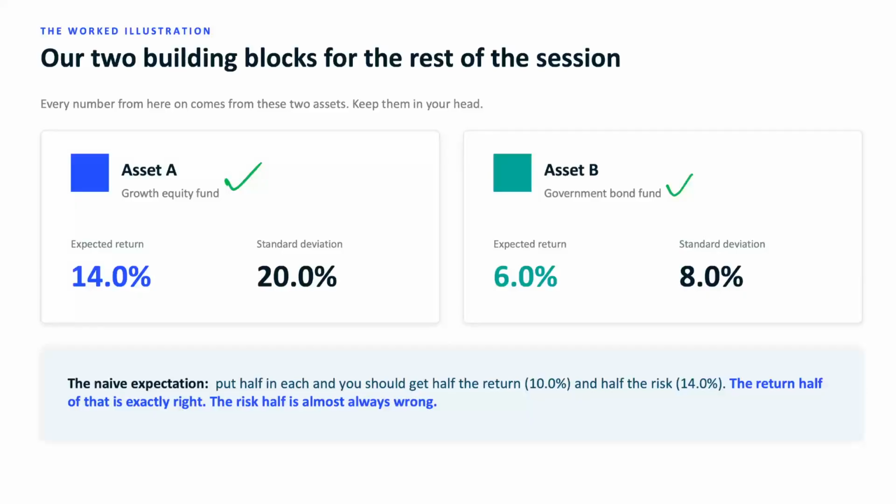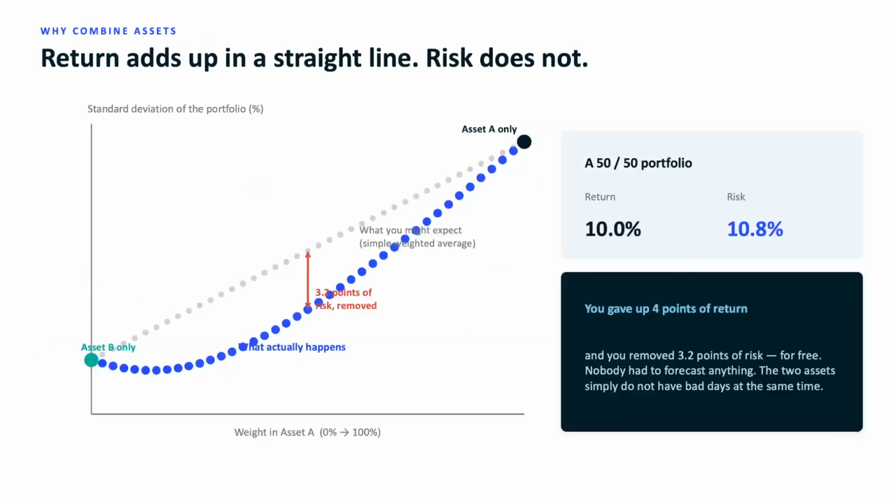On risk, that is where we are wrong. Not slightly wrong, but meaningfully, usefully, profitably wrong. So what happens? Return is linear. Risk is not linear.